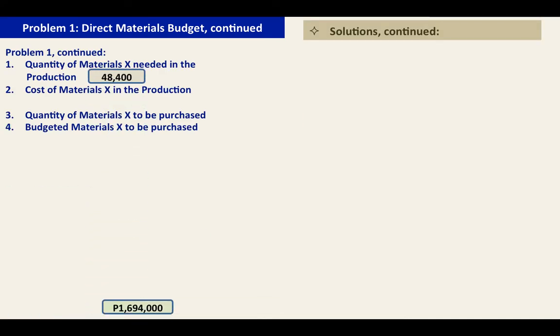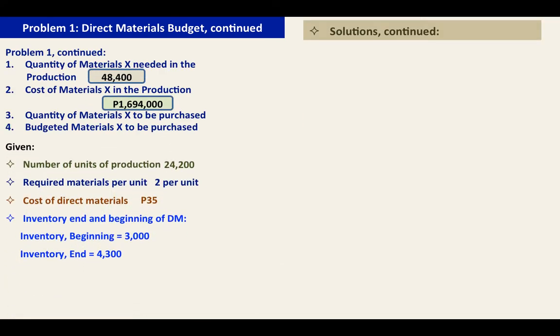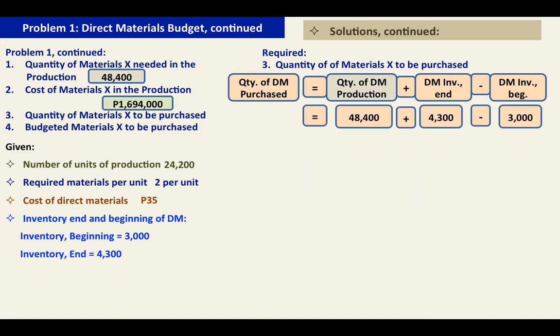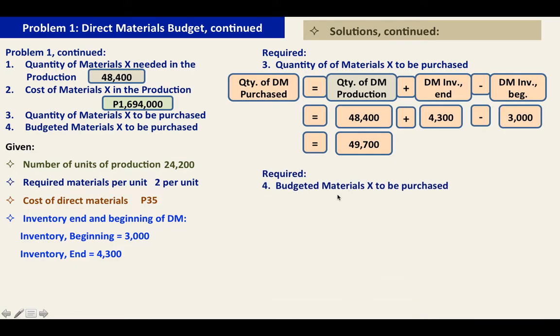Here, the quantity of direct materials to be purchased, the formula is this: quantity of direct materials in production plus direct materials inventory end minus direct materials inventory beginning. So substituting it will give us 49,700. And the last requirement is budgeted materials X to be purchased.